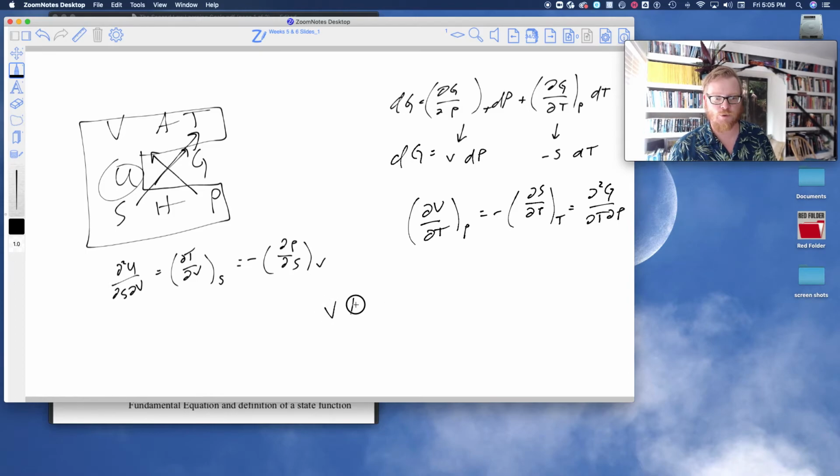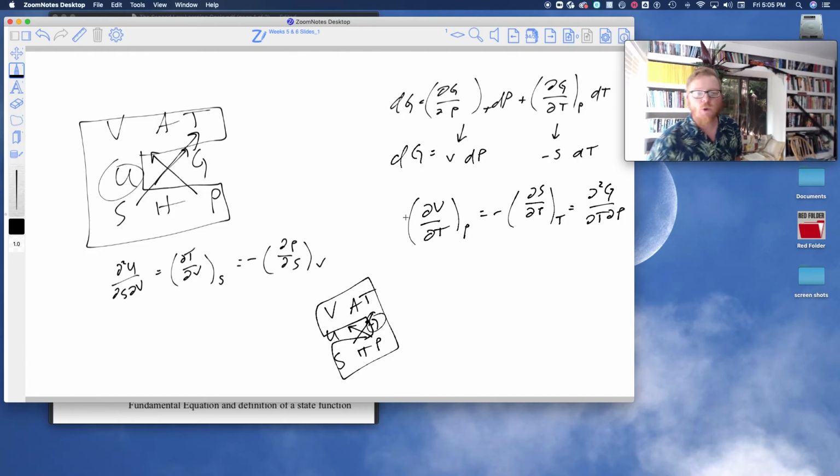Let me start a new thermo square. V, A, T, U, G, S, H, P, arrow goes this way, arrow goes this way. Here's G, little horseshoe. So we can see G is sandwiched between T and P. Okay?